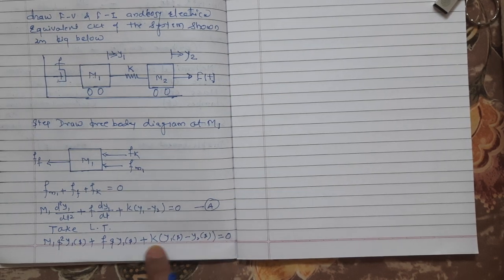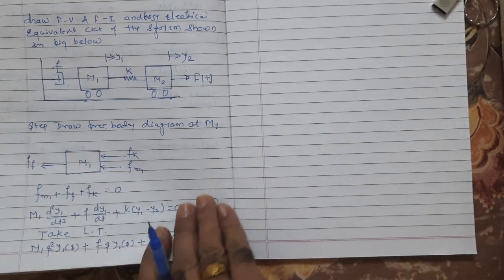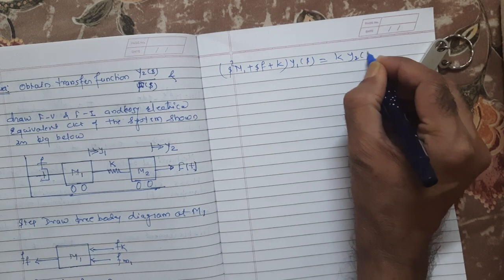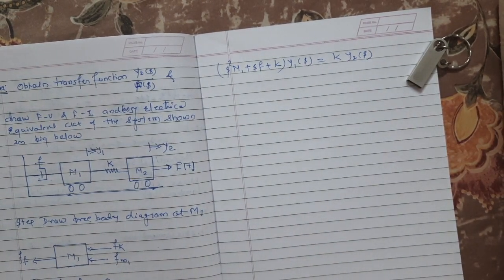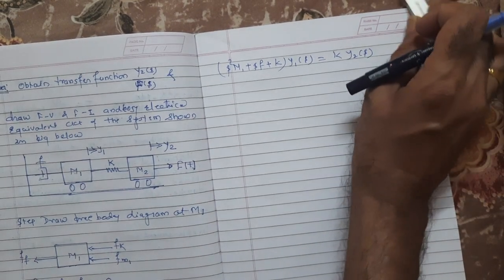And what about y2 of s? That is k multiplied by y2 of s, and this is negative, so we transfer it to the right side. So it equals k multiplied by y2 of s. So this is our equation.